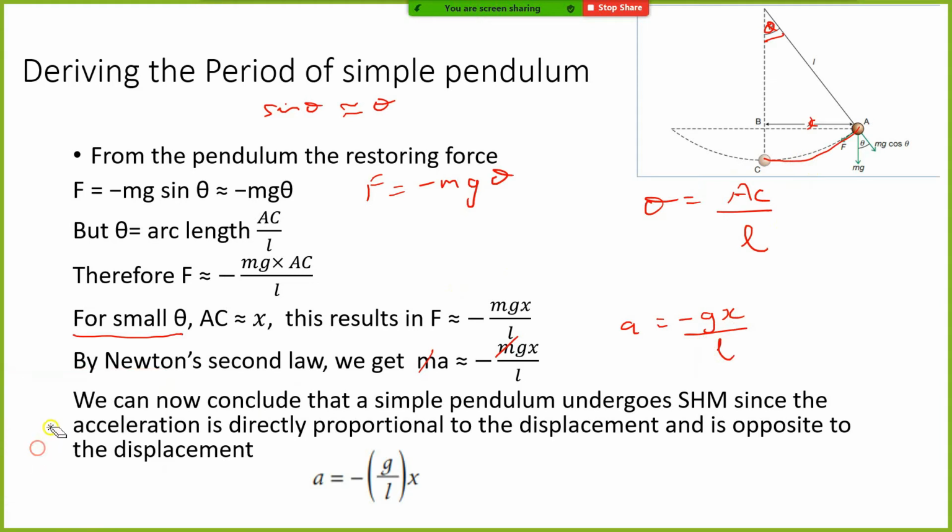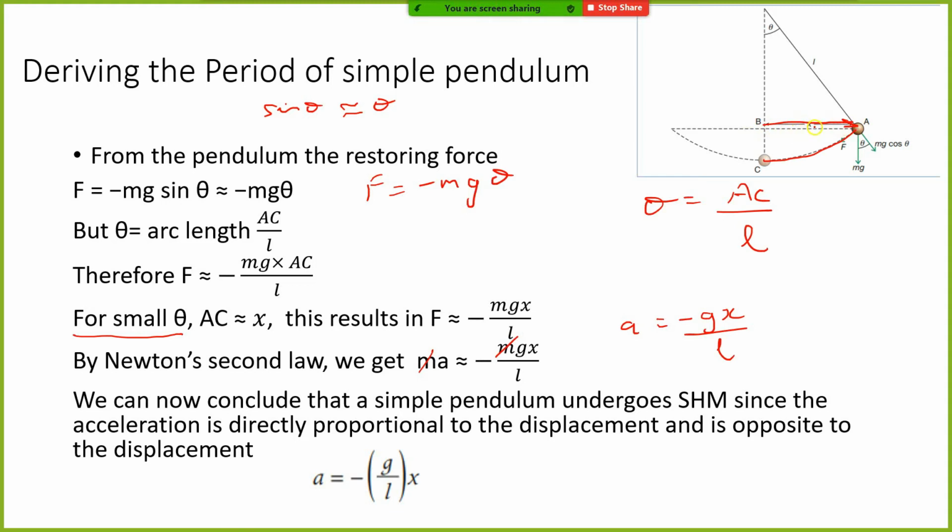Let me just reiterate here. Because we're using small angles, AC is equal to this thing here, which is just that distance from A to B right here. So this is where X is.